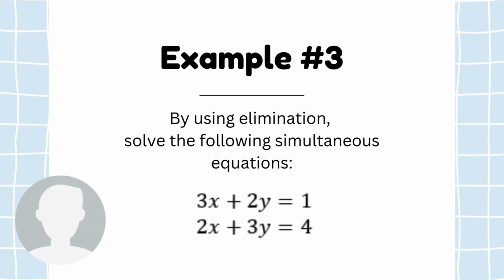What we have here is 3x plus 2y equals 1, 2x plus 3y equals 4. If we want to eliminate, let's say, y, we need to manipulate both of the two equations in order for us to eliminate the y.